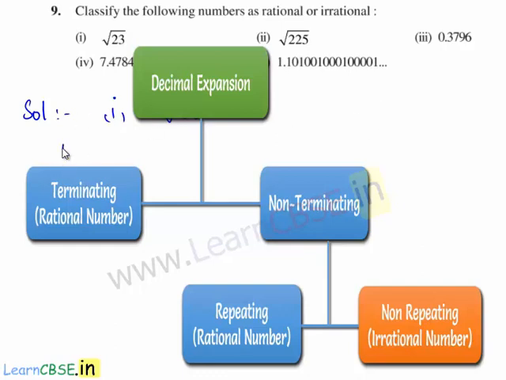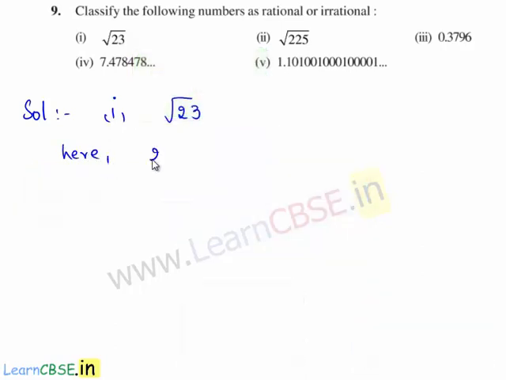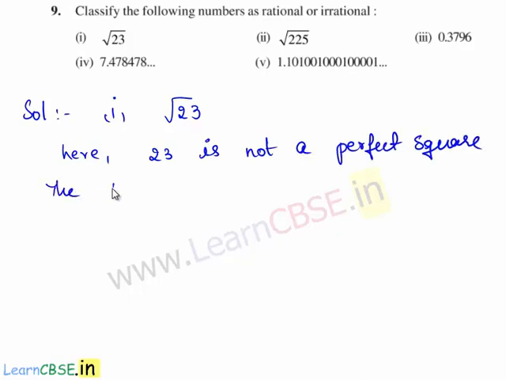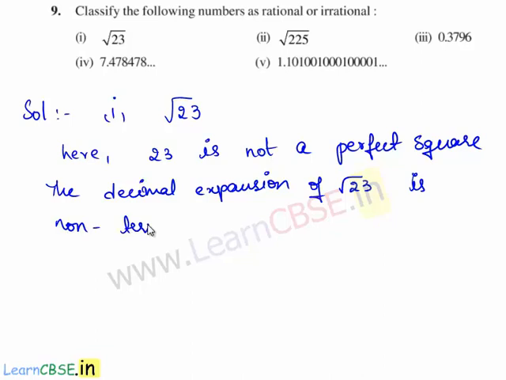Since here 23 is not a perfect square, the decimal expansion of square root of 23 is non-terminating and non-recurring. The decimal expansion can be found out using the long division method.